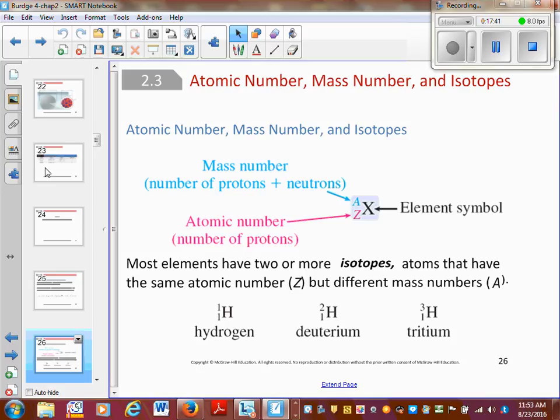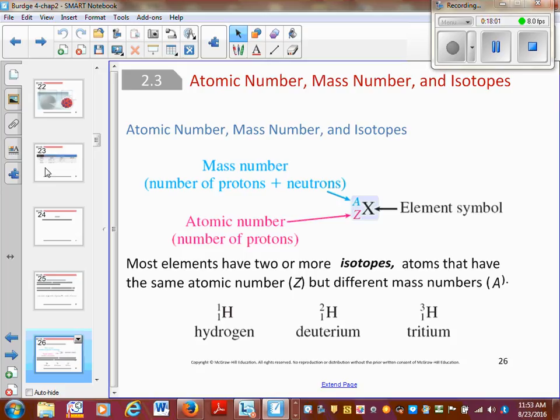So if you look at your periodic table, you're going to see an elemental symbol. Depending on the one you have in your book, it has the atomic number on top. Those are the whole numbers and they go sequentially, 1, 2, 3, 4, all the way up to, I think right now, 119.